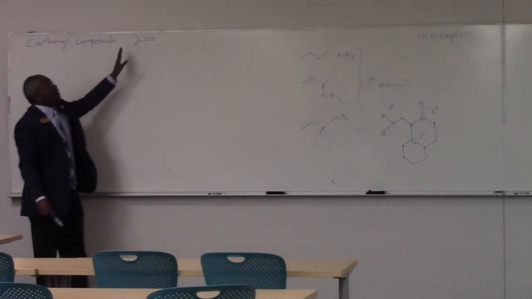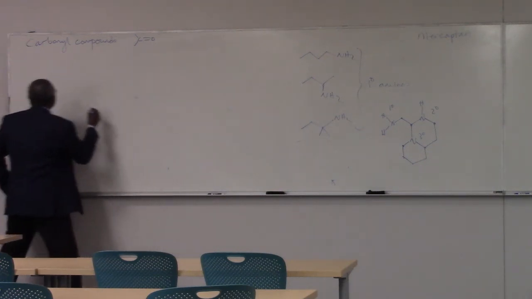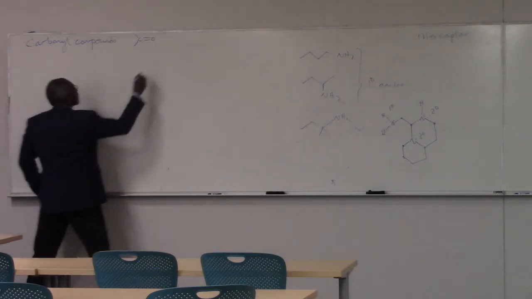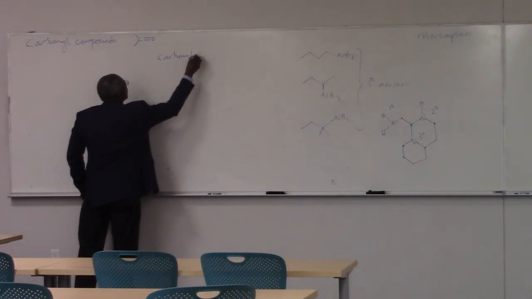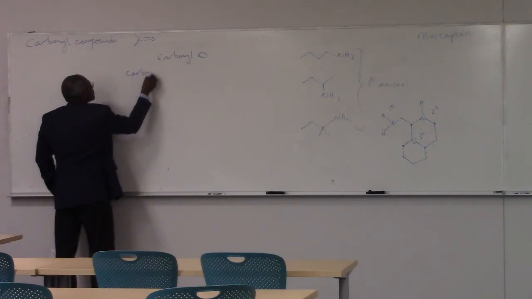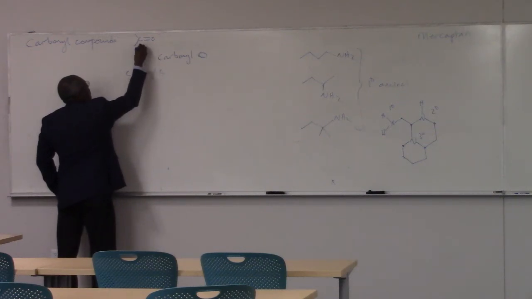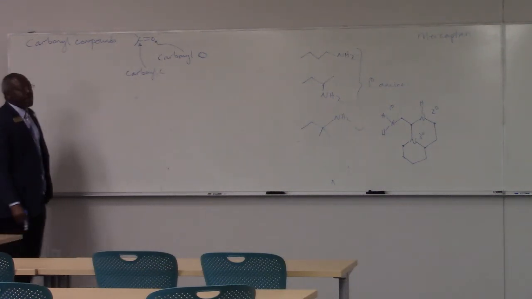This is called the carbonyl group. The carbonyl group has a carbonyl carbon and a carbonyl O. So this is the carbonyl carbon, this is the carbonyl oxygen.